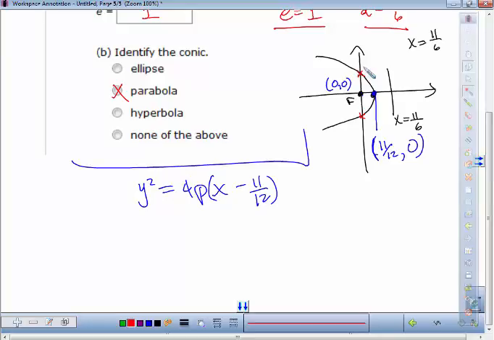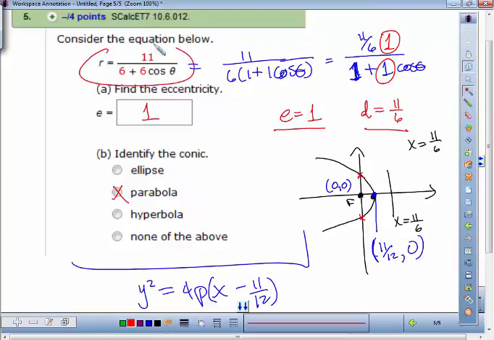All right, maybe that should be extra credit. We didn't have a warm-up today, so as your extra credit, you can find the equation of this in Cartesian coordinates.